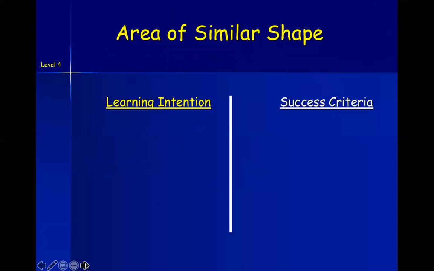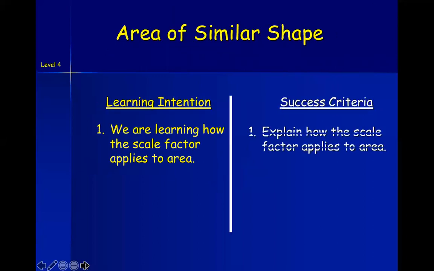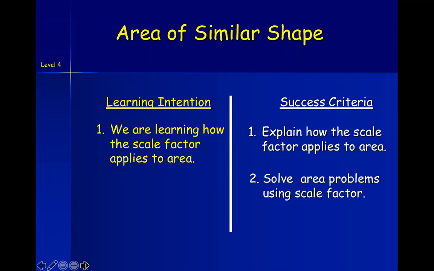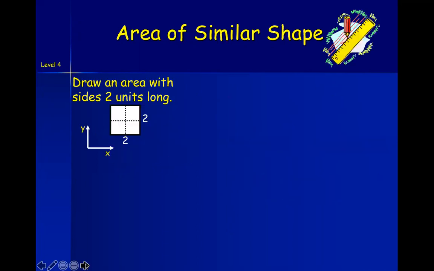And the last part is when we've got areas of similar shapes. Because we've been looking at lengths, but what comes often is an area. So if we've got a 2 by 2, we square, that'd be 4 square meters, for example.